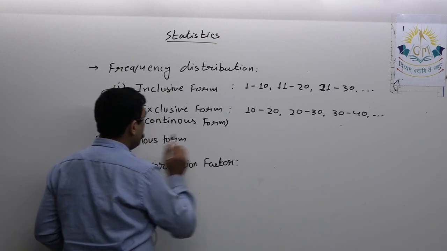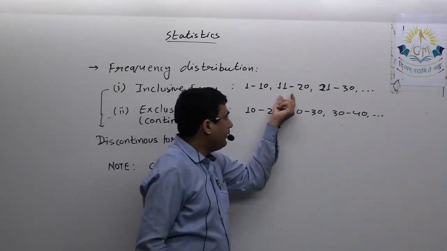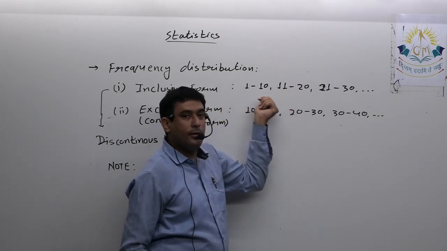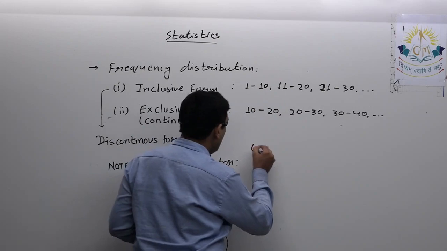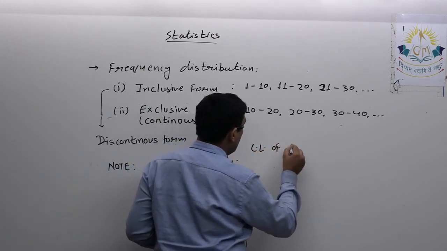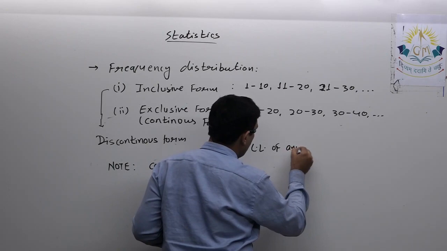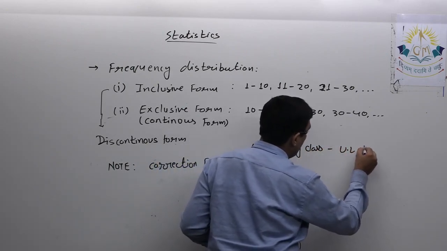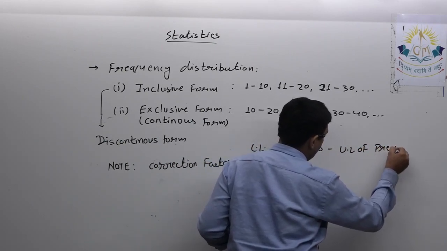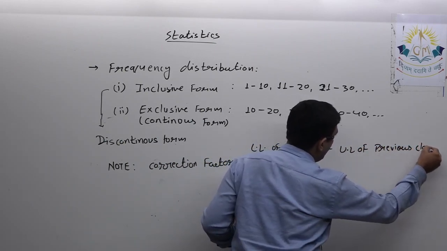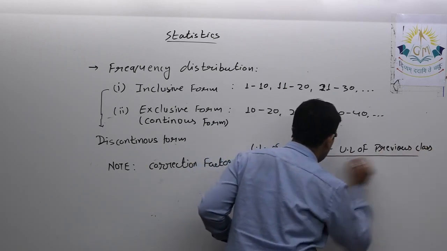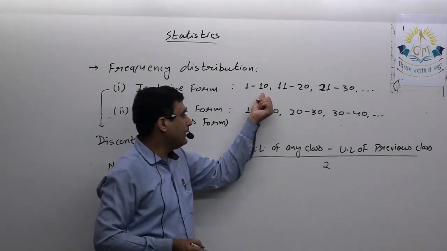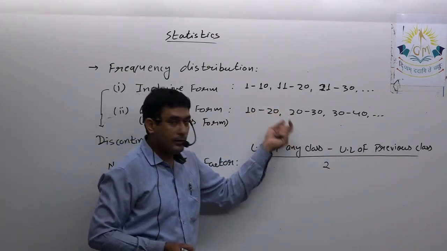The correction factor is half of the difference of the lower limit of any class and the upper limit of the previous class: lower limit of any class minus upper limit of previous class, divided by 2. First we will find this, and then we will add this to the upper limit and subtract it from the lower limit.